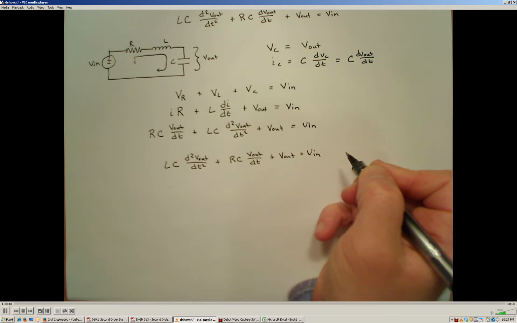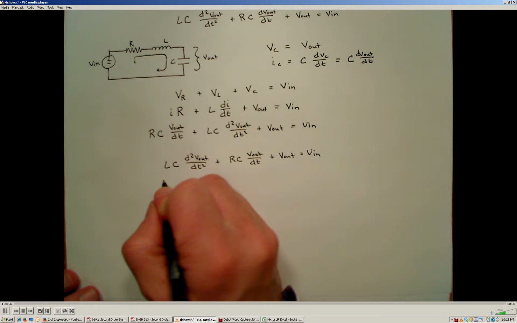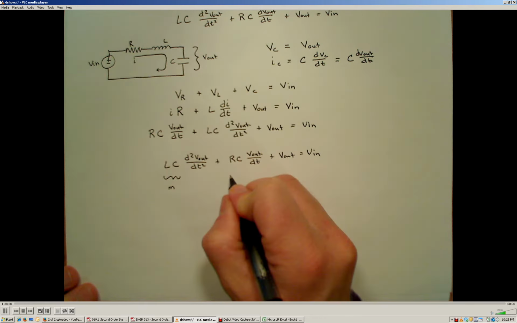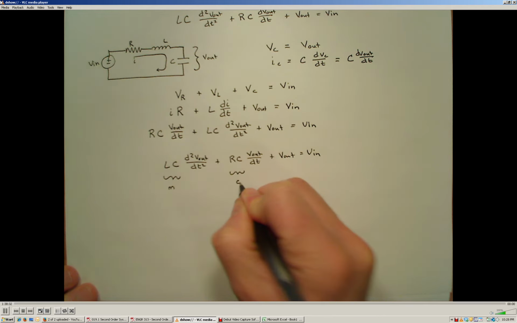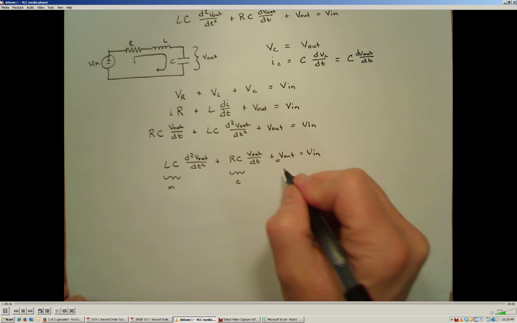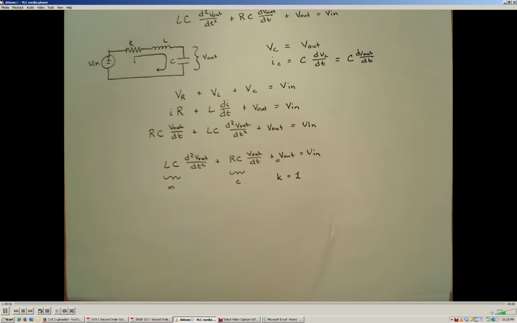So again, we've come up with our second order differential equation that describes the behavior of the system. Now we know that this is our inertia term, this is our damping term, and since the coefficient here is 1, we know that the stiffness of the system must be 1.